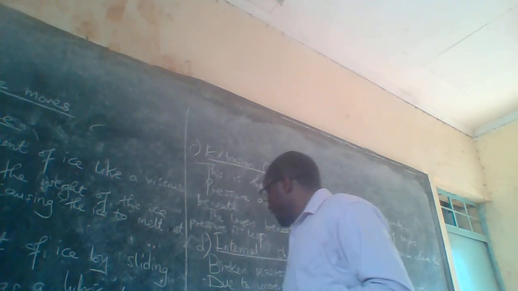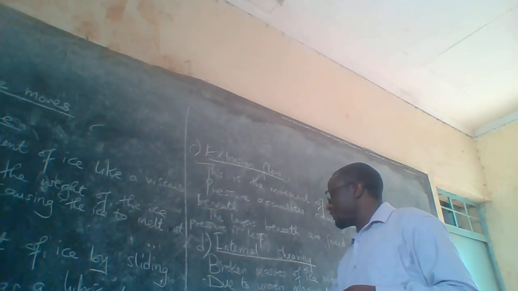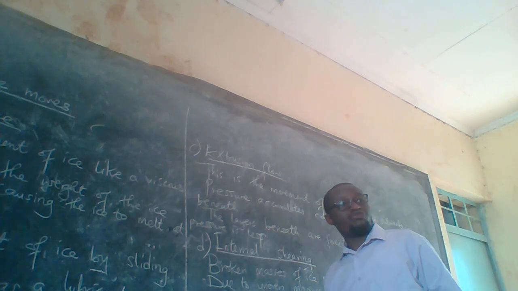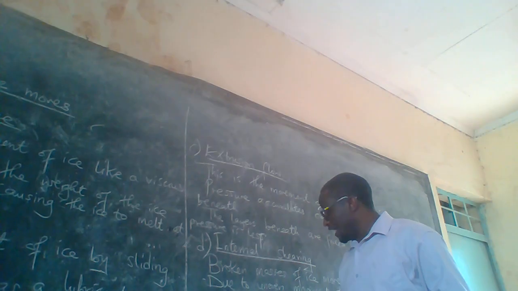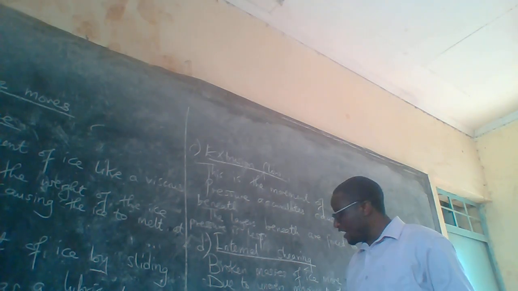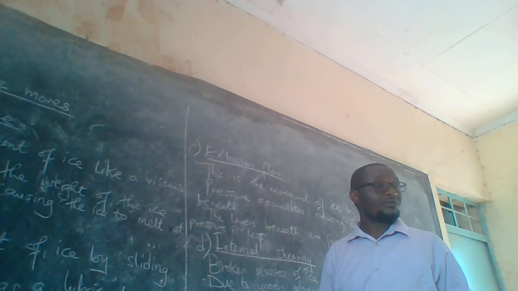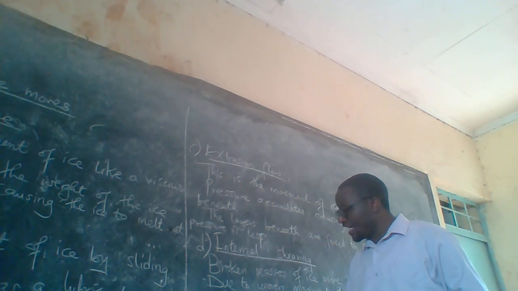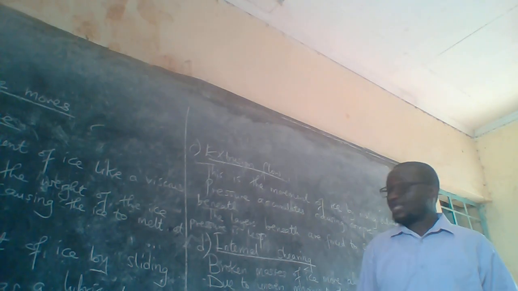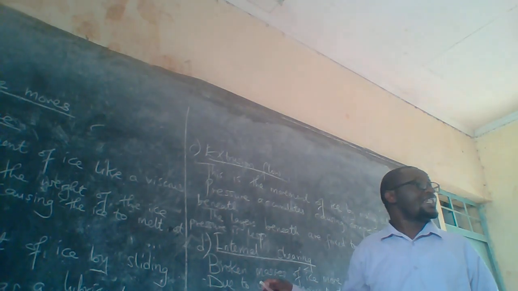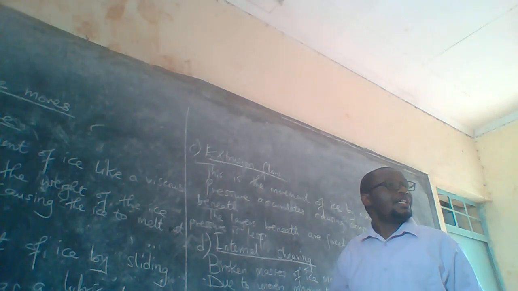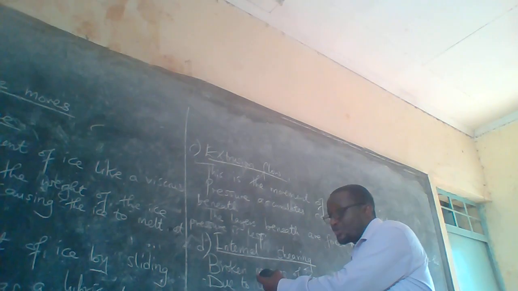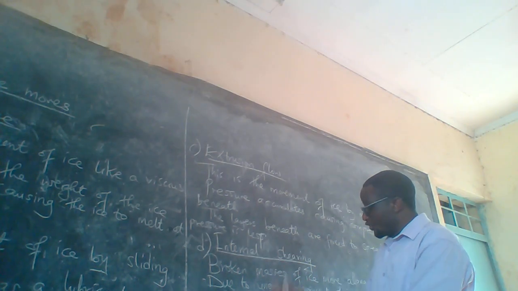For example, if this is the mass of ice that is flowing, and on this side there are obstacles, or the texture of the surface of the rock is rough. When the glacier is moving, this side will move slower than this one, so it will cause the ice to crack. So once the ice has cracked at the center, this side will move slower than this side, causing them to slide.